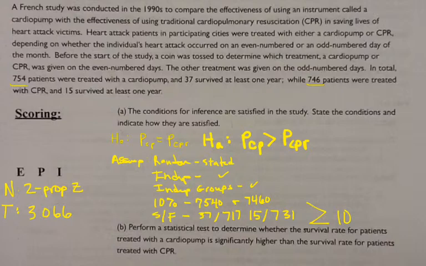So your Z-score should be equal to 3.066. Going to find my p-value, which is about 0.0011. Typically when you write a p-value out, you want to go to that fourth decimal place. That's pretty common practice. So make sure you go to those 4 places.